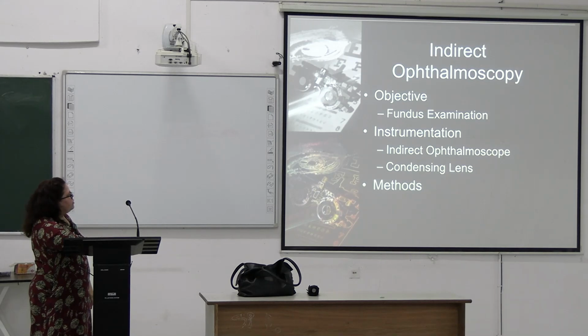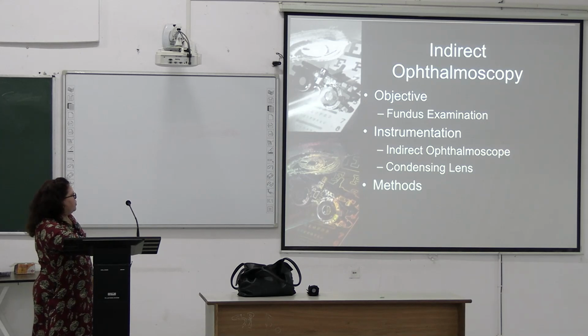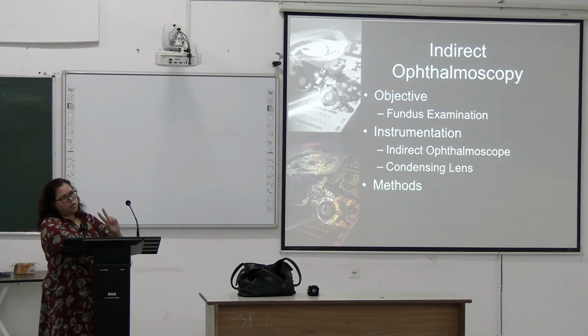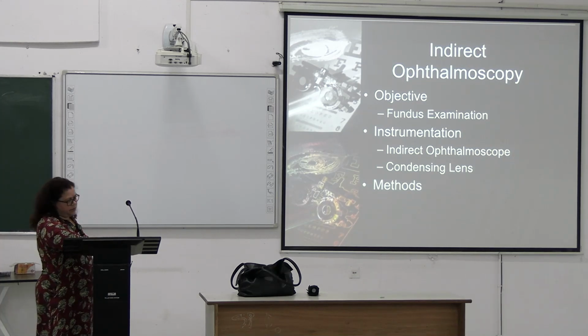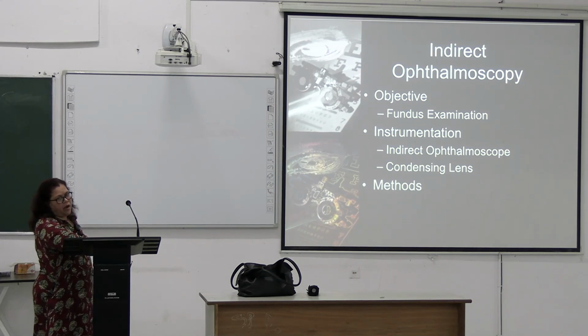So next one is indirect ophthalmoscopy. Indirect ophthalmoscopy is also a process to examine the fundus. For indirect ophthalmoscopy, we need two things. First one is the indirect ophthalmoscope and second one is the condensing lens, that is a 20 diopter biconvex lens.